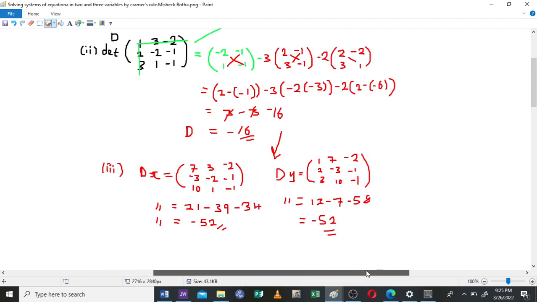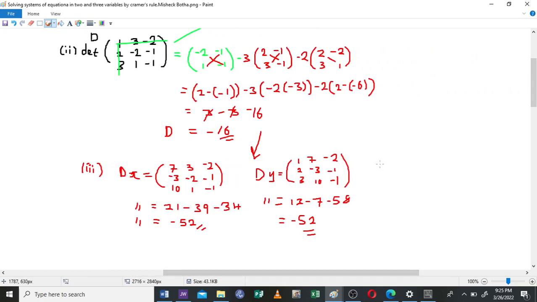Now we can formulate dz. Matrix dz is formed by substituting the third column in the matrix of coefficients by the matrix of constants, right? So this means our first column, our second column, which is 3.